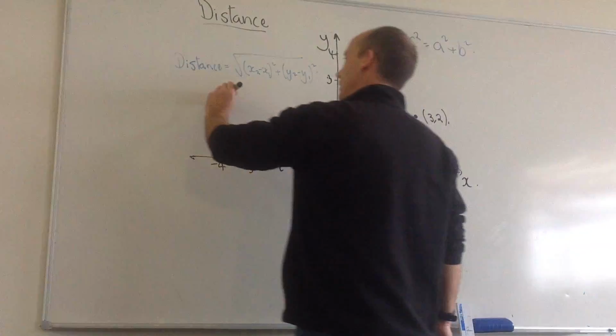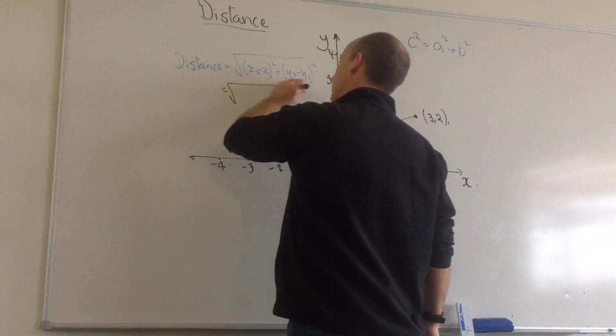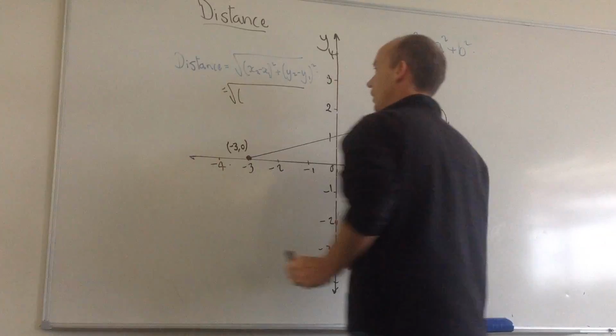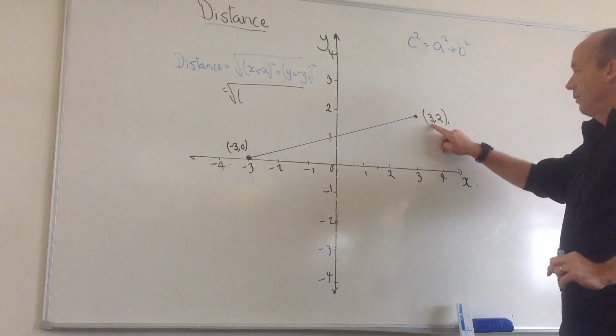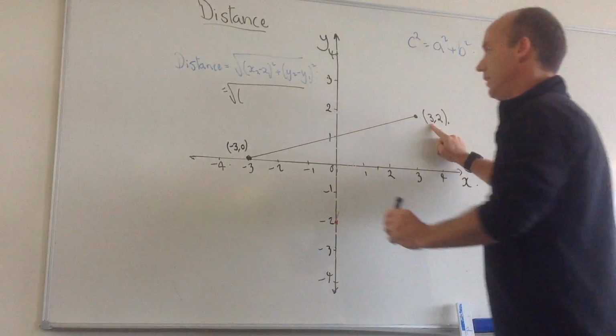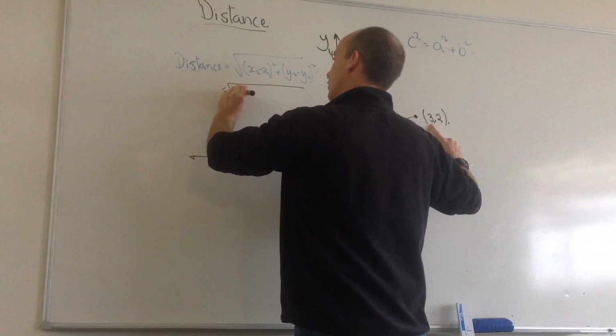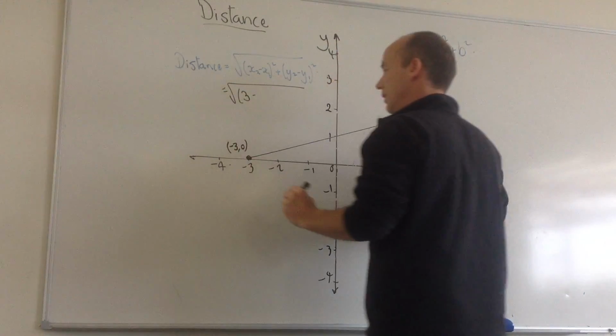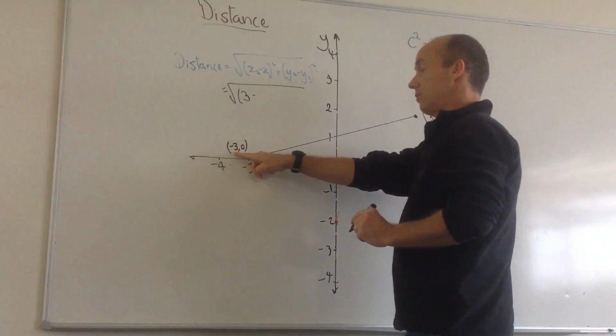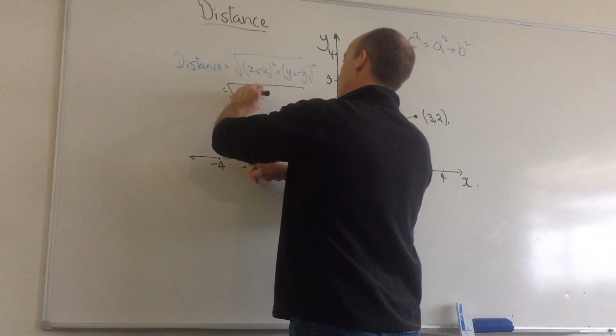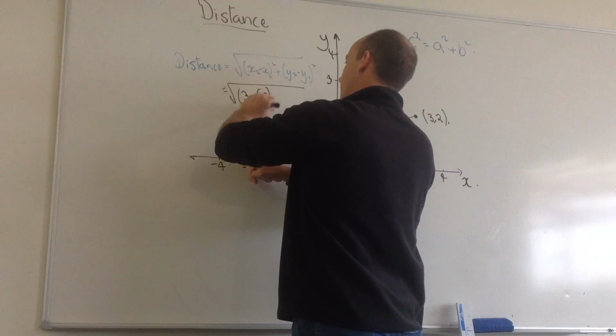So my distance is going to be equal to the square root of, now I'll treat this as my second x value. So this is x2 is equal to 3 minus, my x1 value is minus 3. So this is going to be 3 minus minus 3.